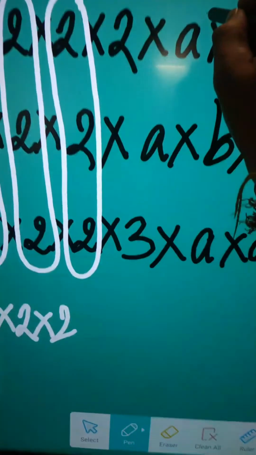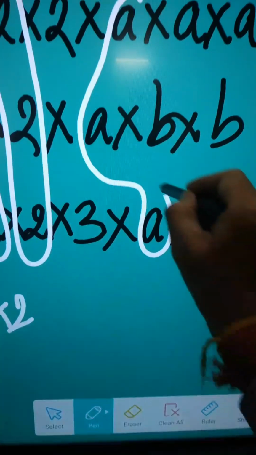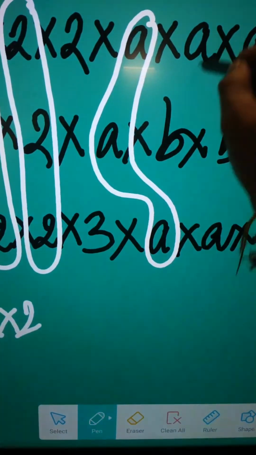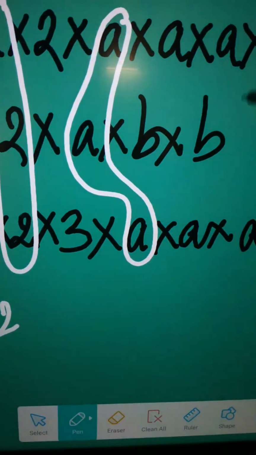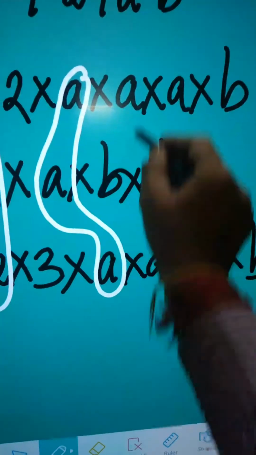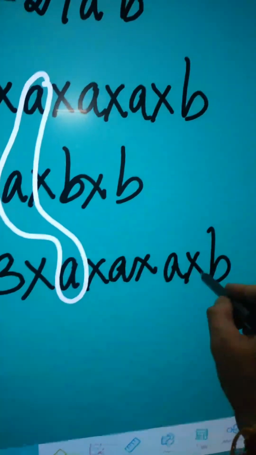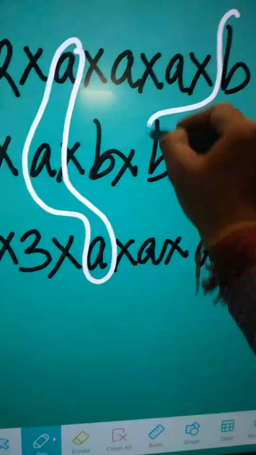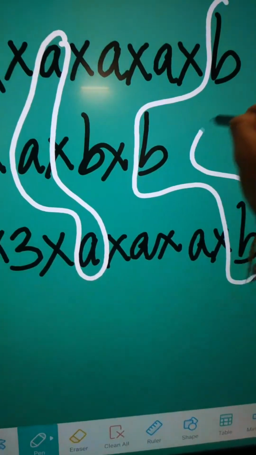So the HCF is 8. In the same way you will do for the variables. a is 1 time here, a is not there a second time. Here a is 2 times, and there is no a here, so we will not have another a common. But b is common here. See, this is the design.